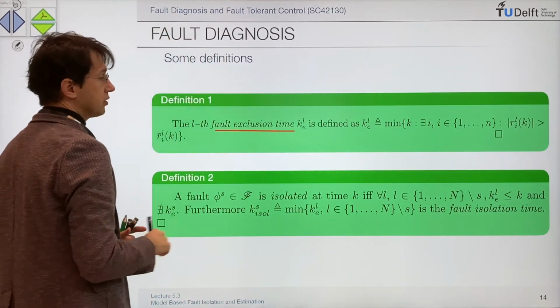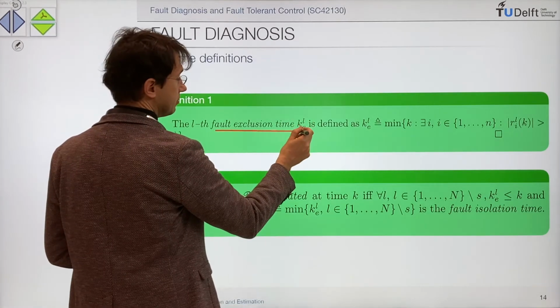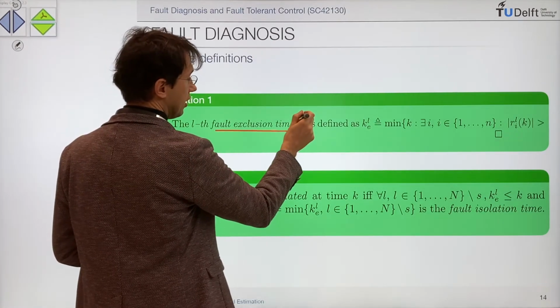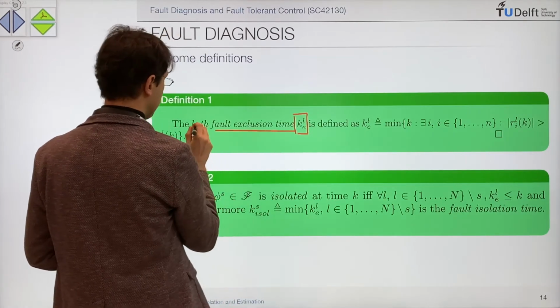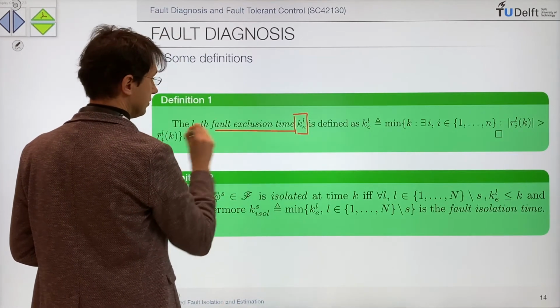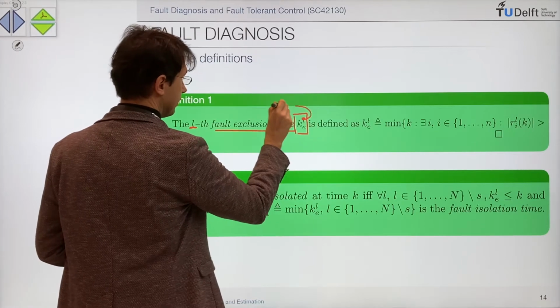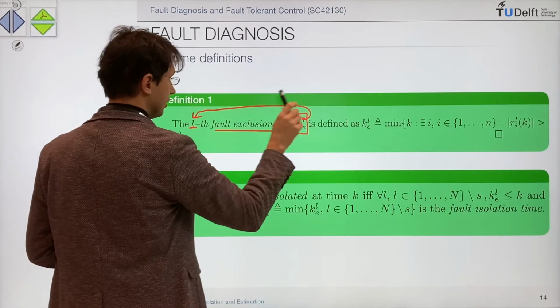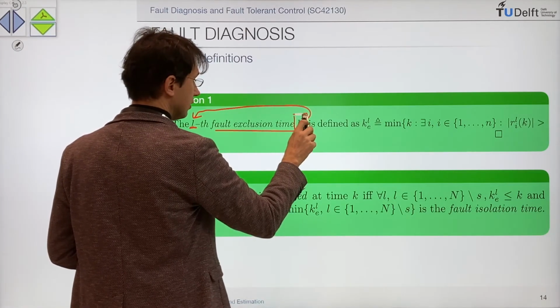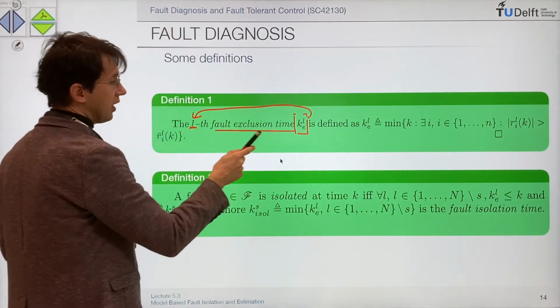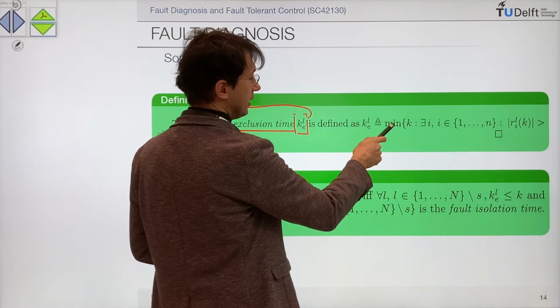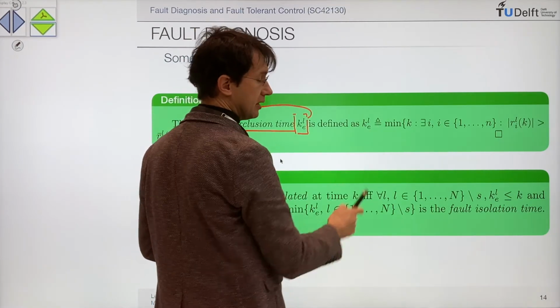So the fault exclusion time, K, E, like exclusion, with upper index L, for fault number L. So the index you have here is this one. This is defined as the earliest time instant.